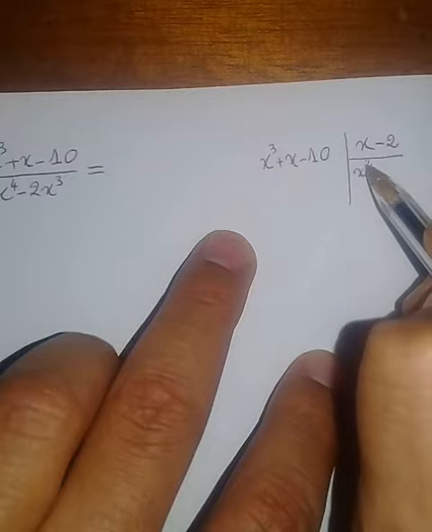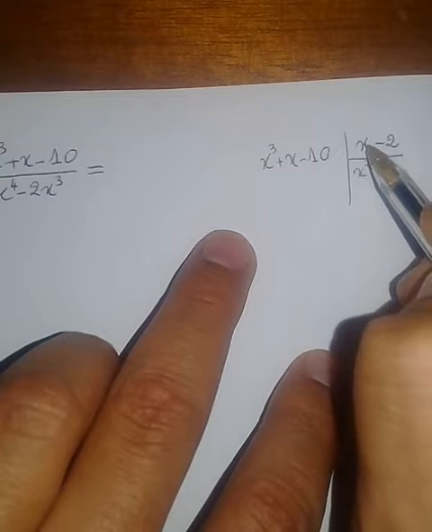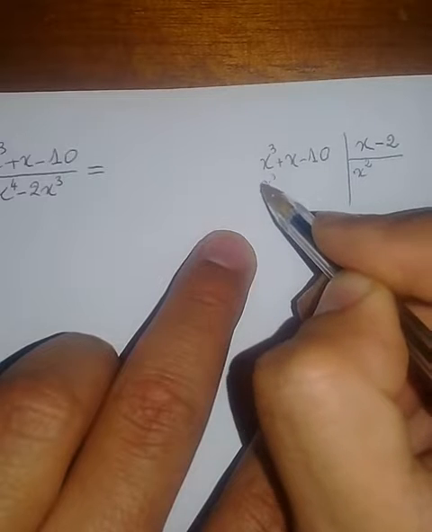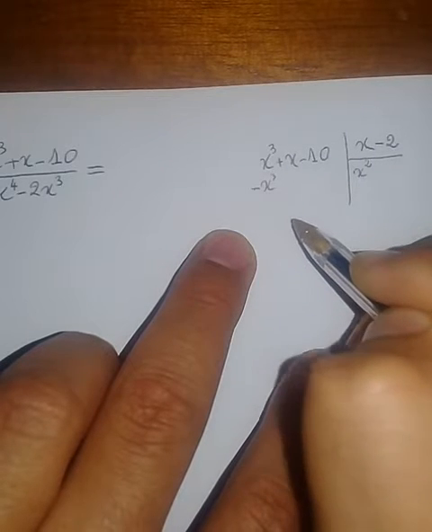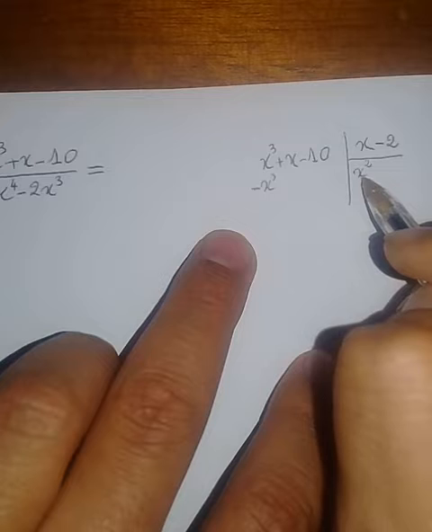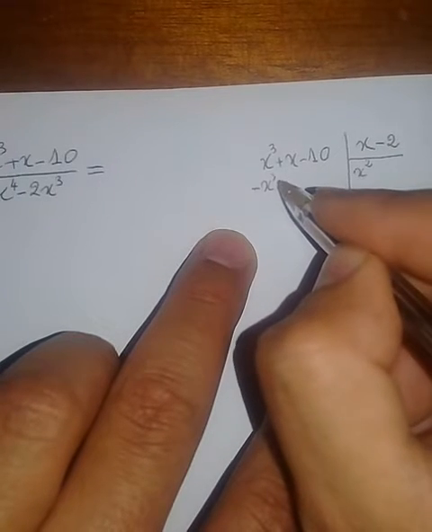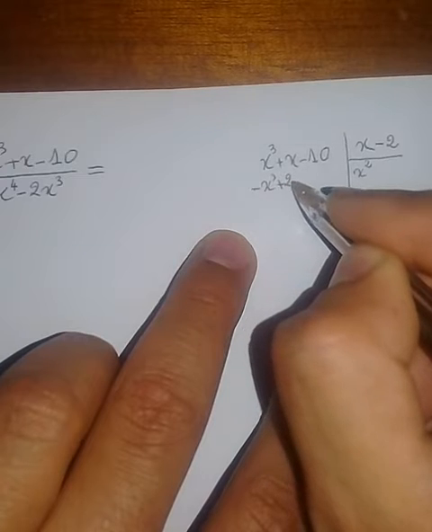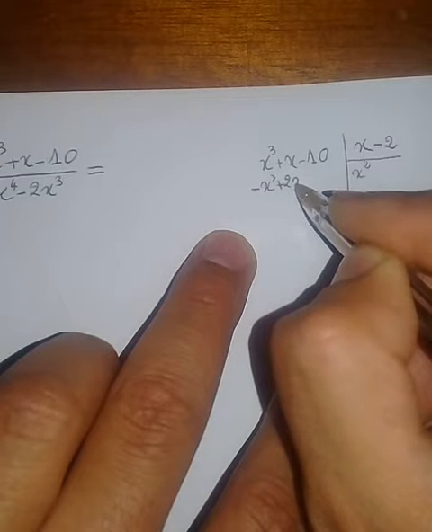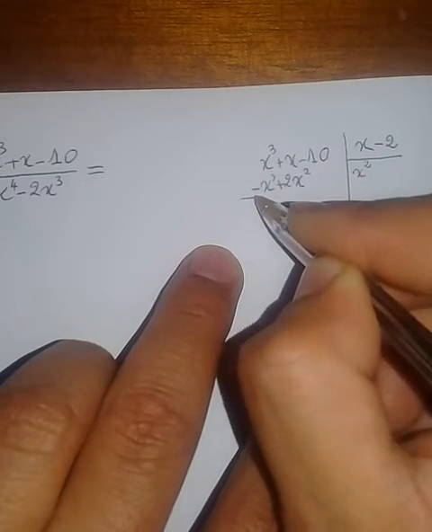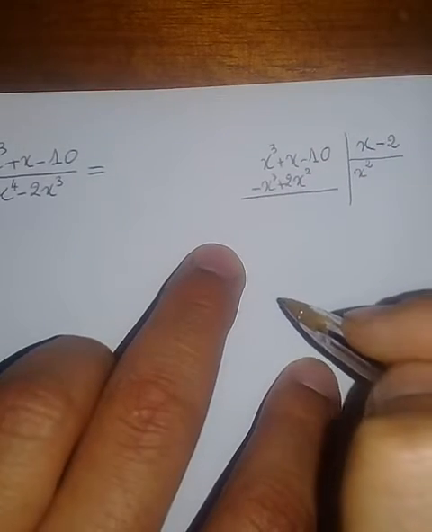So x squared times x is x cubed, I'm going to write minus x cubed. x squared times minus 2 is minus 2x squared, I'm going to write the opposite, plus 2x squared.